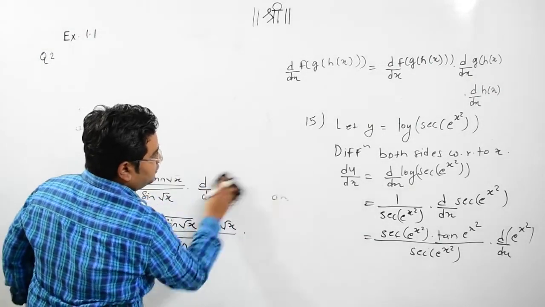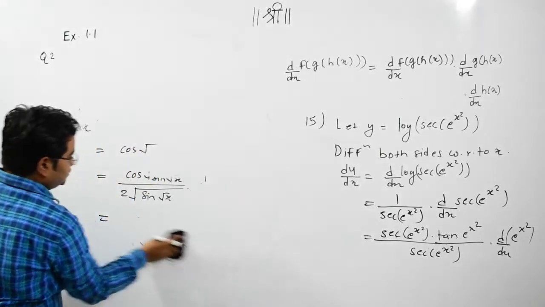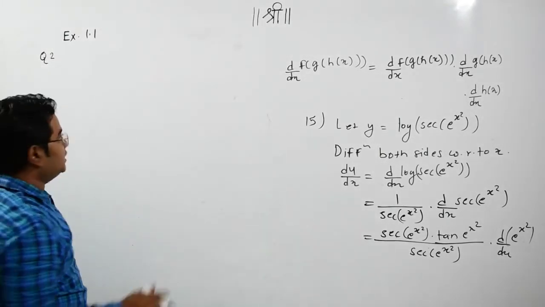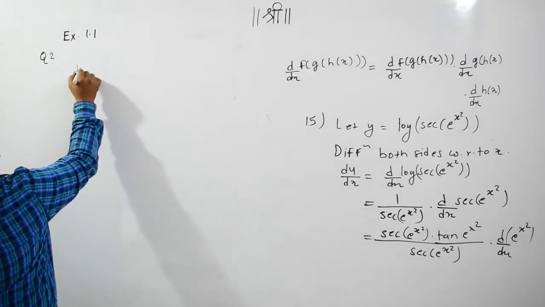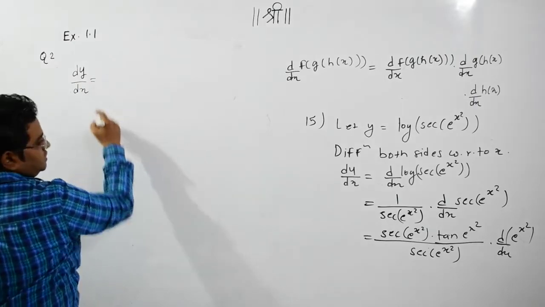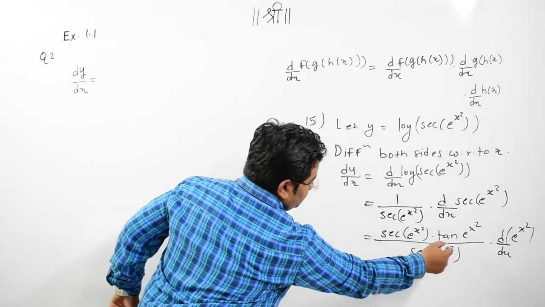So we get question number 15, which is different from the initial problems. What is dy/dx of question 15? The sec²(e^(x²)) will get cancelled.